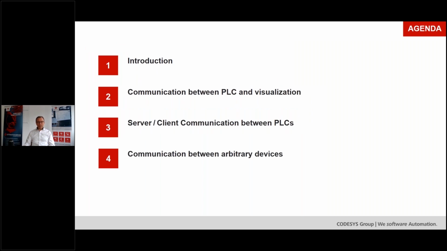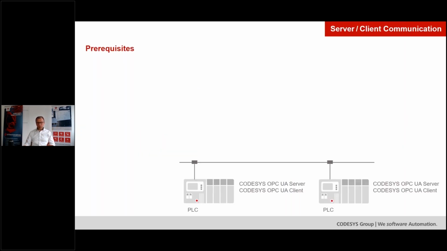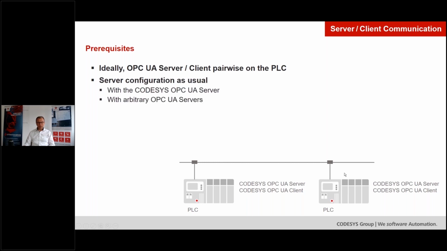Good. Now let's go to the next step. The server-client communication, not only between PLC and visualization, but as well between PLC and PLC. So the prerequisites are, of course, simple. Ideally spoken, there is an OPC UA server and a client pairwise on the PLC. The server configuration is as usual with the CODESYS OPC UA server or with any arbitrary OPC UA server.